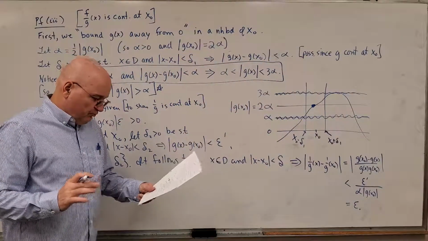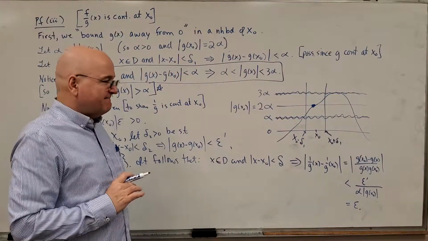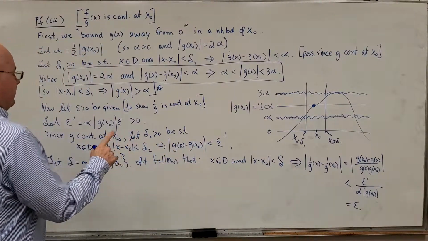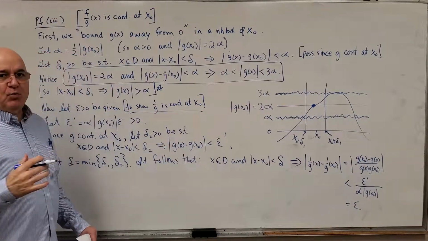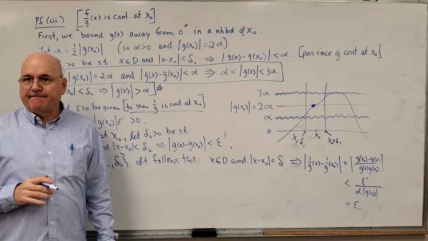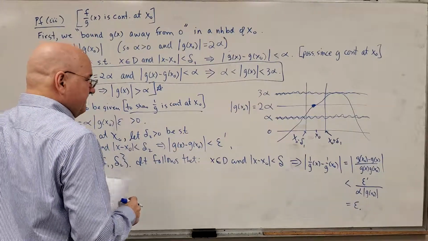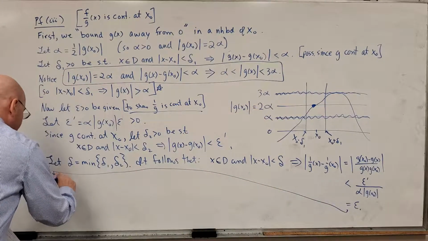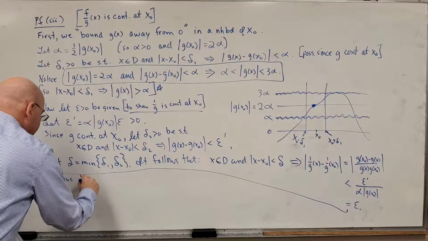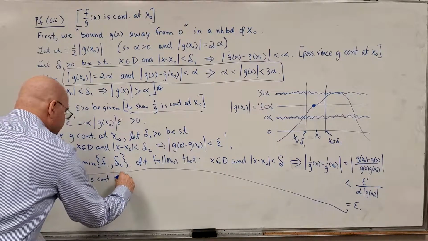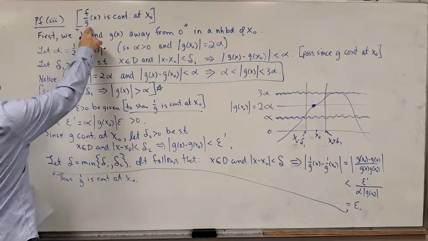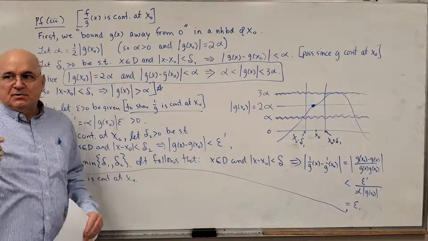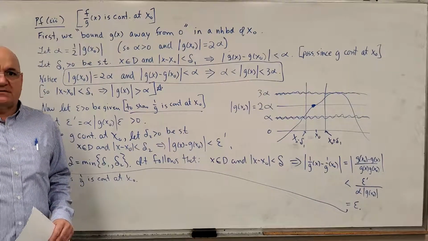I really have one more line to write. What we just proved is this: we just proved that 1 over g is continuous at x naught. So, to finish this off, I'm going to continue right here. Thus, 1 over g is continuous at x naught. Well, if 1 over g is continuous, f over g is 1 over g times f, two functions that are both continuous at x naught.